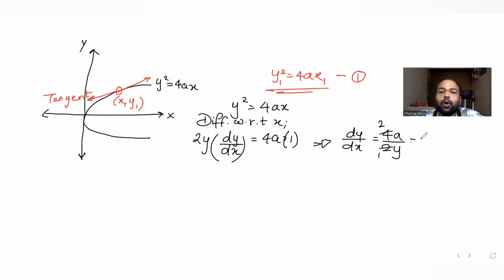or you get that as 2a upon y. Now once you have this, dy by dx is nothing but the slope, and at this point x1 comma y1, because I need to find the slope of this line, the slope m at point x1 comma y1 becomes 2a upon y1.